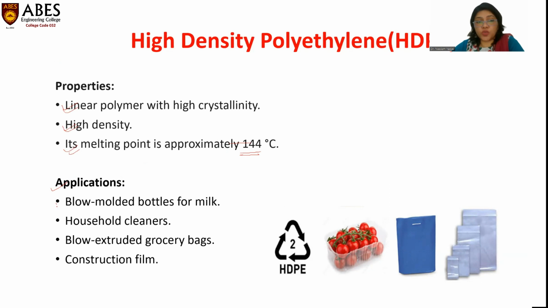When the process used is blow molding, the HDPE we receive can be used for making milk bottles. Other uses of high density polyethylene are in household cleaners. When this polymer is made by blow extrusion, it can be used for grocery bags. HDPE is also used in construction films. This is the recycling code for HDPE, and these figures show how we can use HDPE in our daily life.